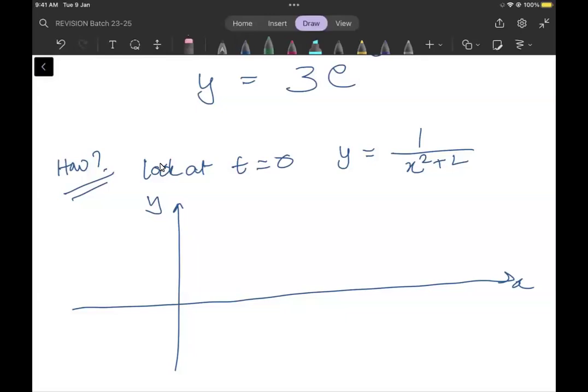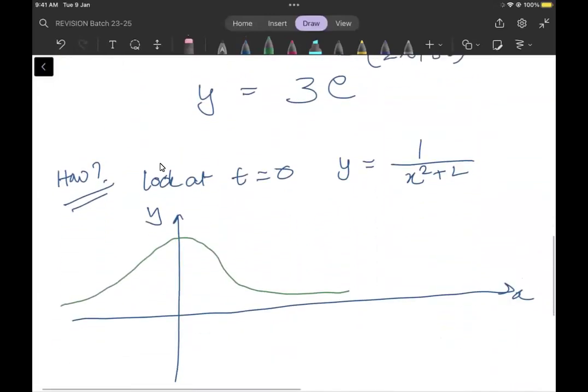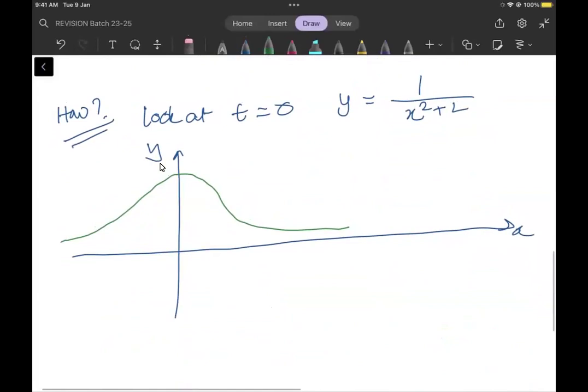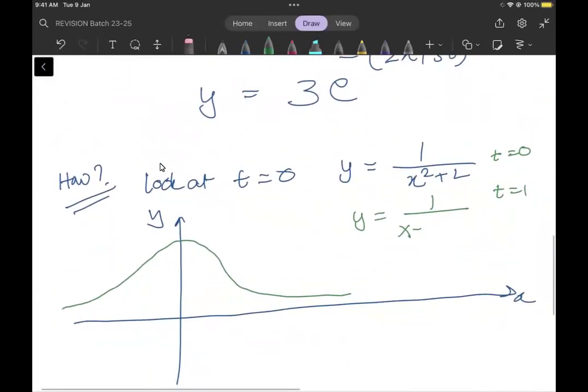So the graph of this function will look something like this. ऐसा दिखाई देगा. Now, the moment I'm going to add this minus 3t here, so at t is equal to 1, so this is the expression of the function at t is equal to 0, at t is equal to 1, this same expression is going to be something like x minus, t की value 1 डाल रहे हैं, x minus 3 whole square.